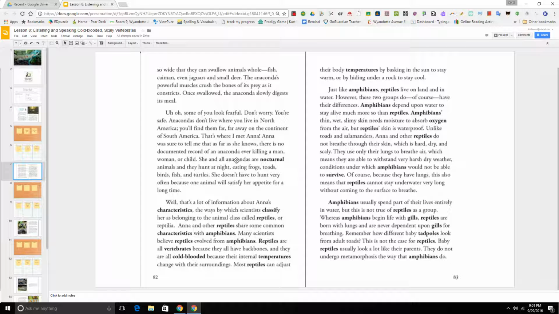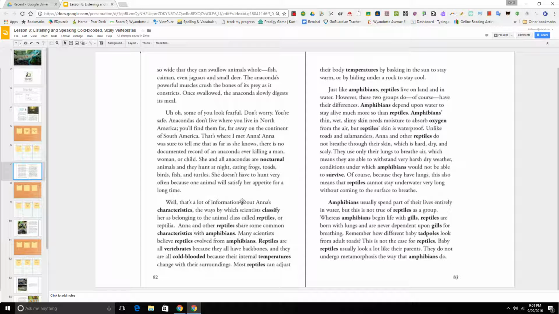She and all anacondas are nocturnal animals, and they hunt at night, eating frogs, toads, birds, fish, and turtles. She doesn't have to hunt very often because one animal will satisfy her appetite for a long time.